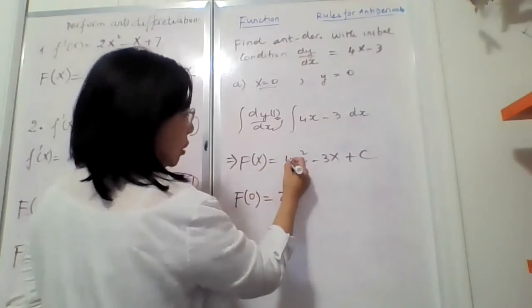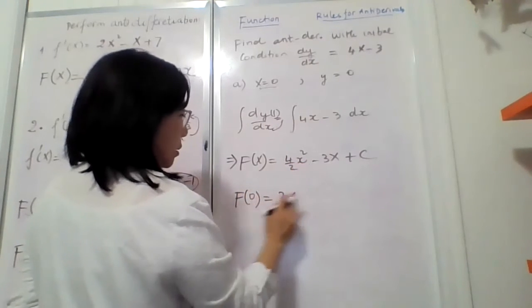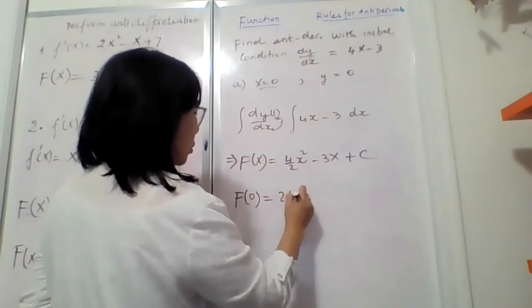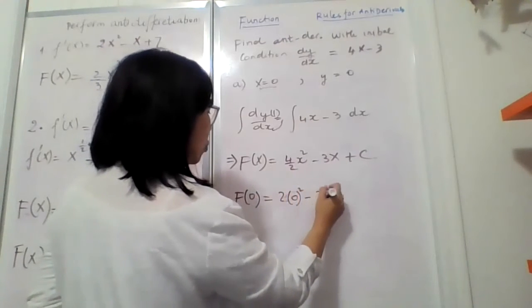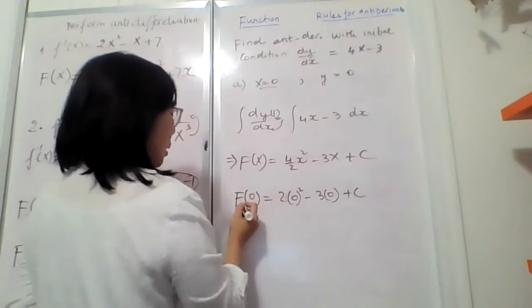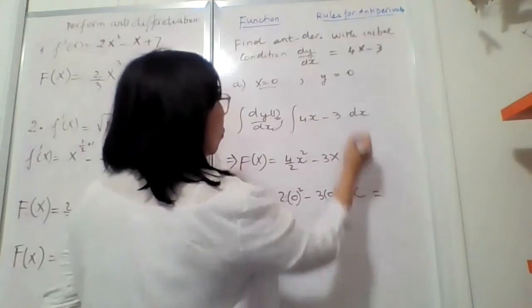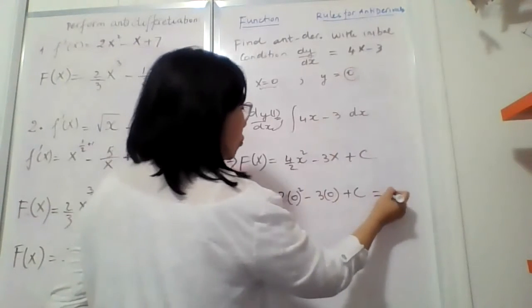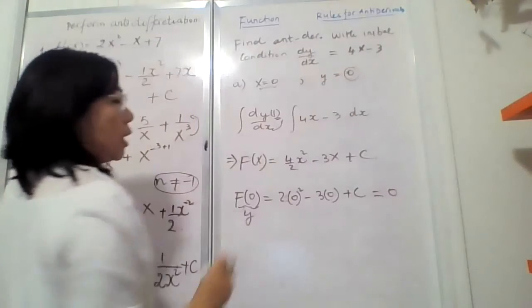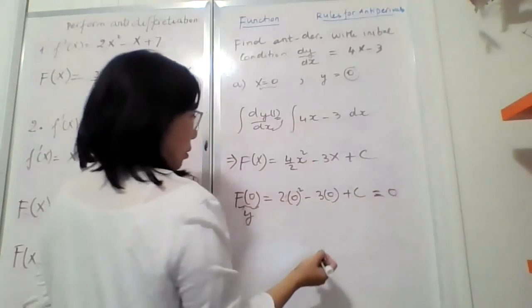So that becomes 2, right? 4 divided by 2 is 2. We're going to substitute the x by 0. So this is like 2 times 0 squared minus 3 times 0 plus c. And remember, this is the y function, right? Equal, condition right here, equals 0, right? They told us the y function equals 0. So now we set up this equals 0.